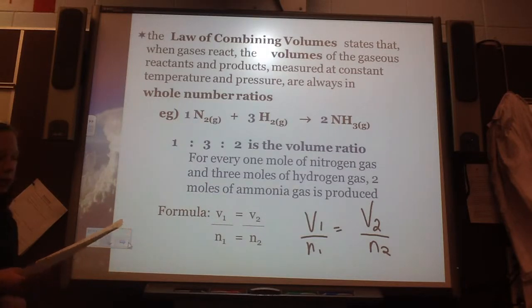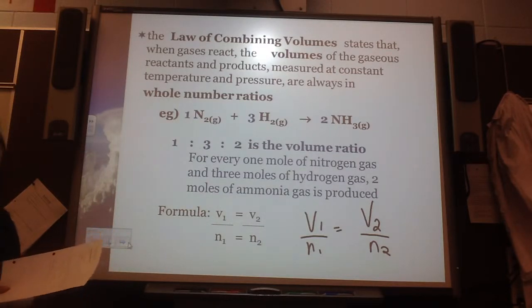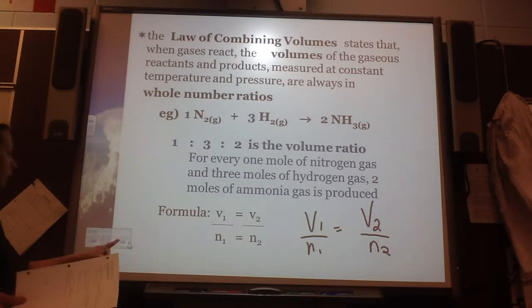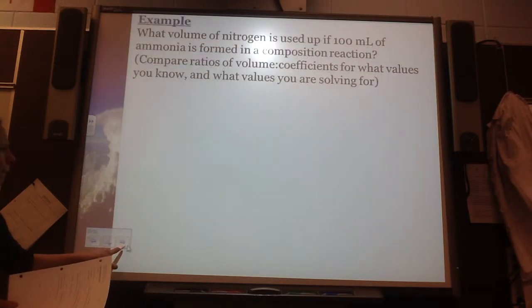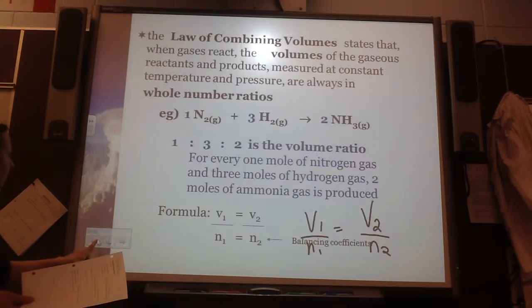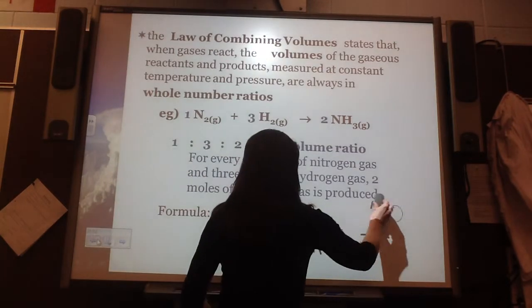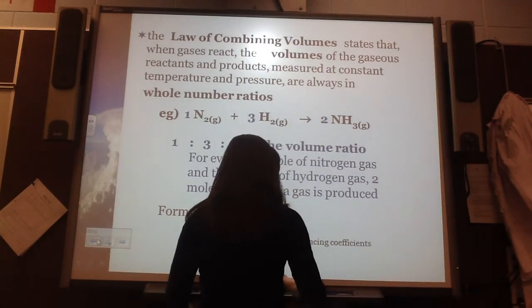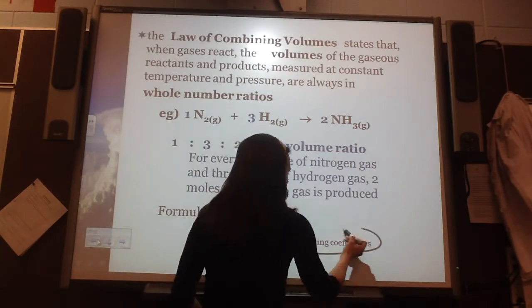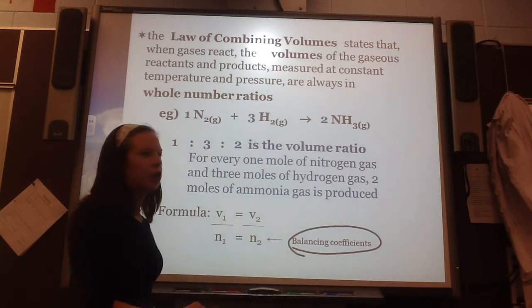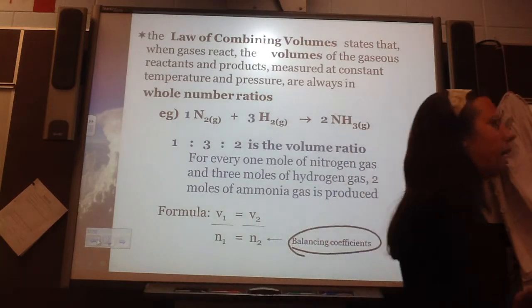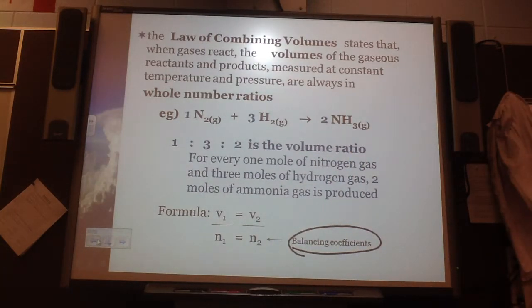So take out your memorization sheet to put that into your memorization sheet as well. And your N stands for your balancing coefficient. So after you've had a balanced reaction, it's those coefficients from that balanced reaction.